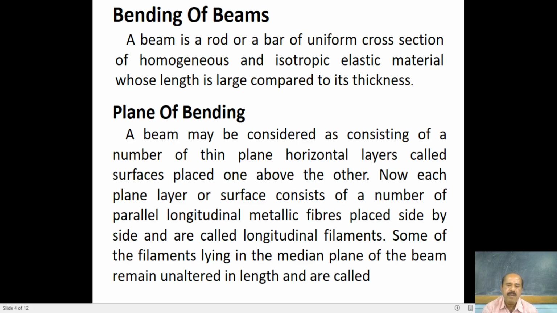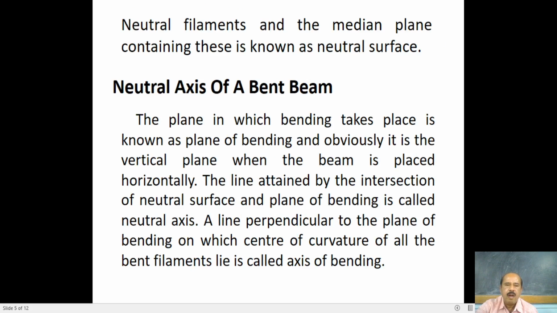Some of the filaments lying in the median plane of the beam remain unaltered in length and are called neutral filaments, and the median plane containing these is known as the neutral surface.